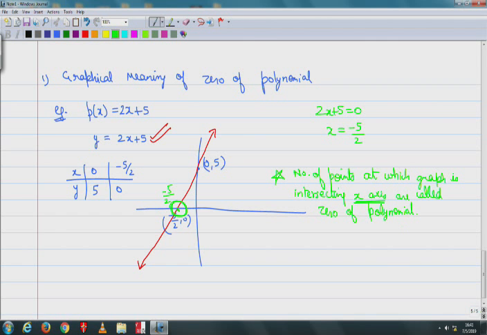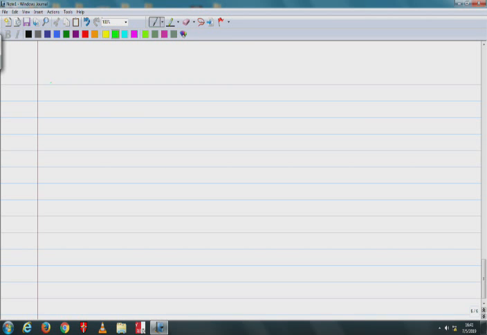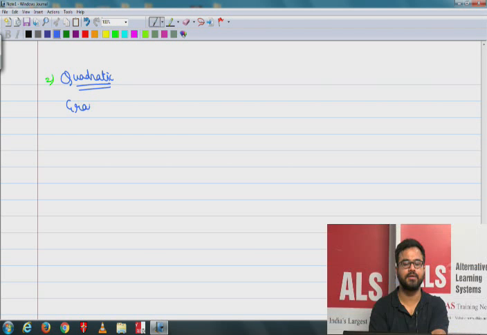So if we talk about the quadratic one, the second one is quadratic. Now the graph of the quadratic, here we don't have to draw the graph of this one, but you should know the name of the graph of the quadratic polynomial, which is parabola.